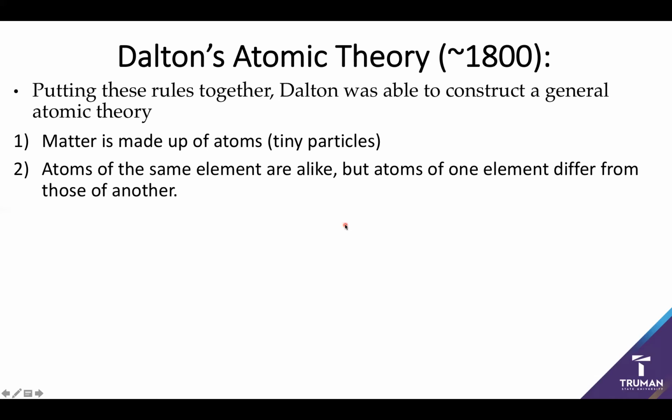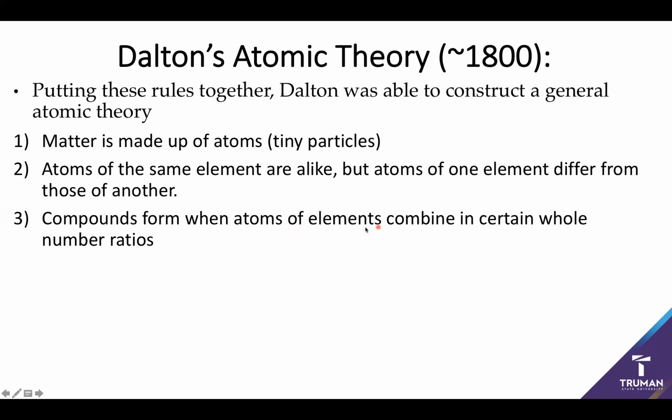So if I have all carbon atoms, they are going to behave exactly alike, but all carbon atoms are going to differ from other elements. So carbon atoms and oxygen atoms will have different properties. And we can make compounds when we combine these certain elements in certain whole number ratios.